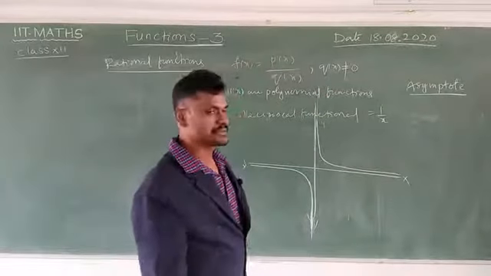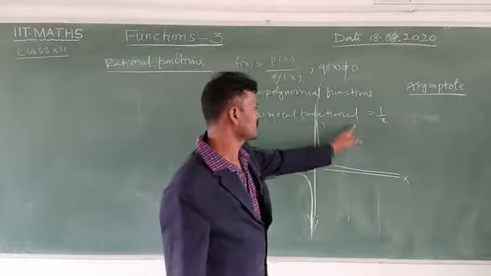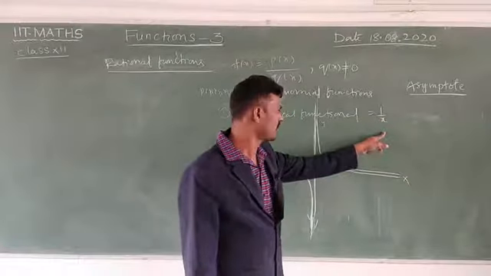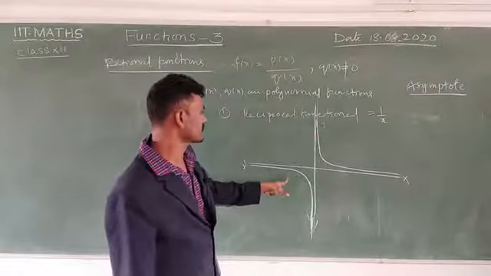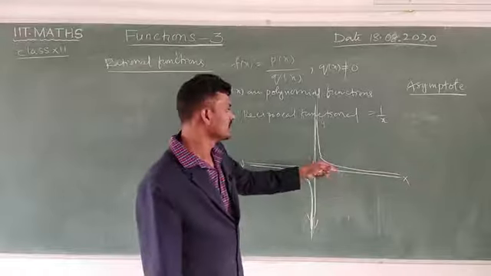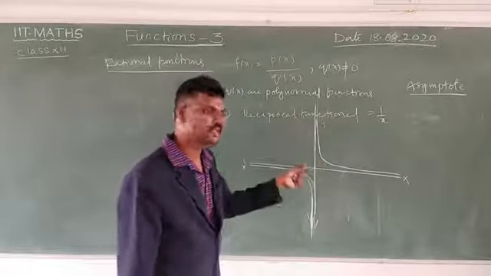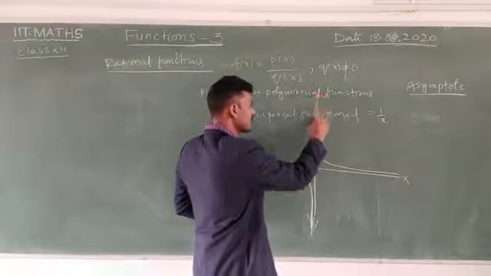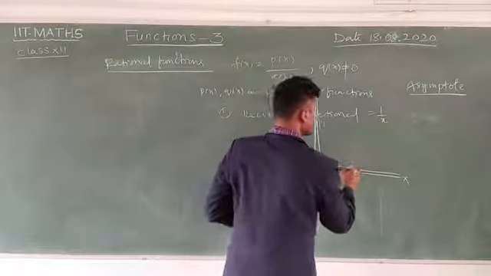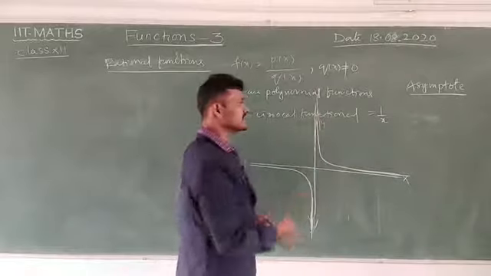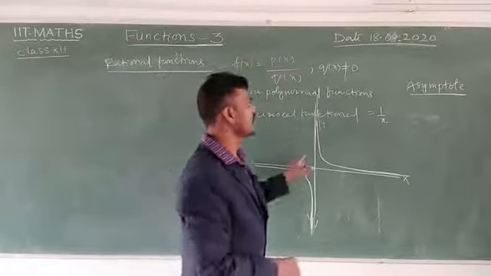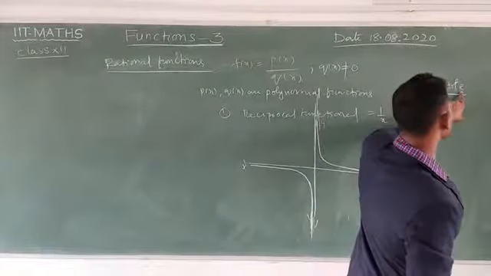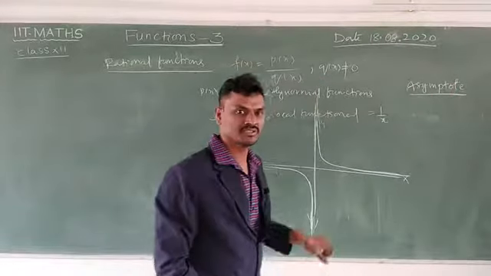When you plot this function, we have to see the asymptotes. A vertical or horizontal line that meets the curve at infinite distance is called an asymptote. Here we have to see three types of asymptotes.